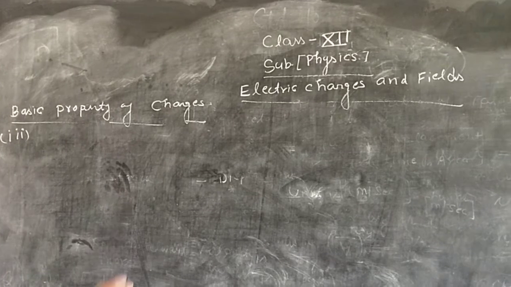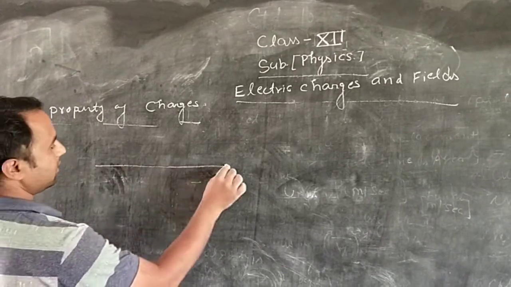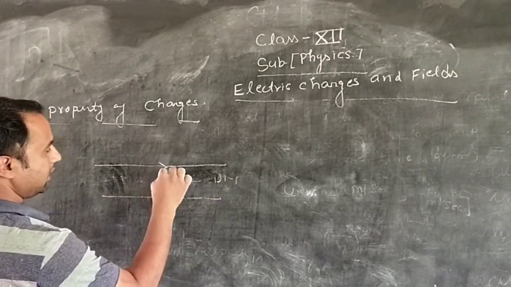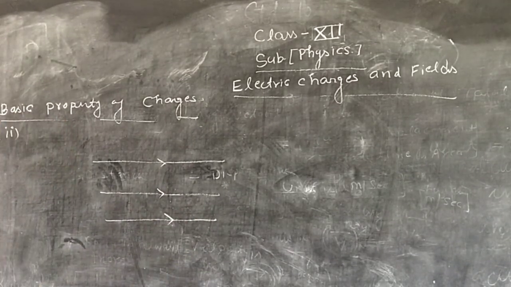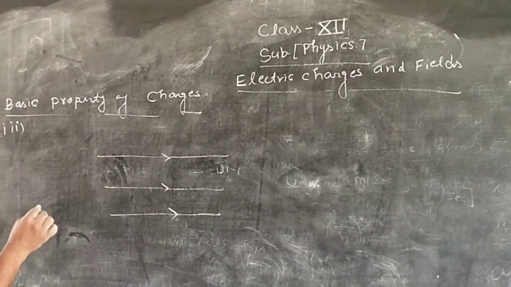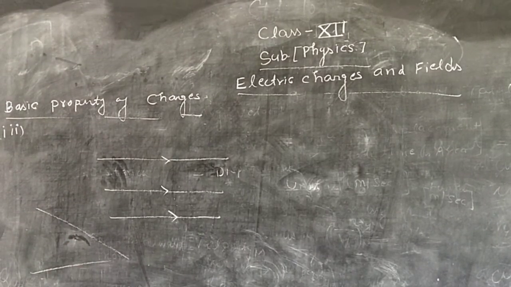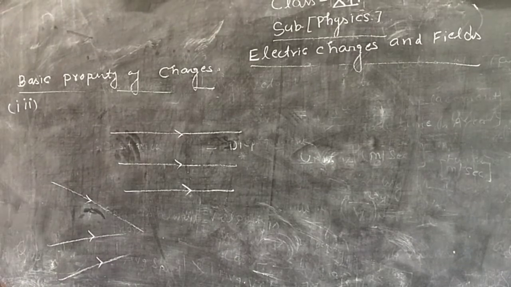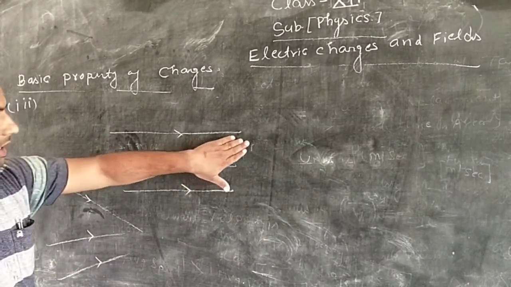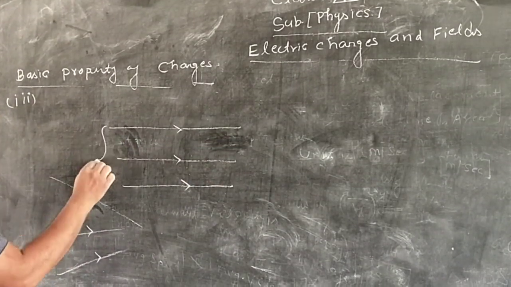If here are the electric fields like that, and here the electric field is like that, and here the electric field is like that, what conclusion can we draw from seeing the electric field from here and from here?